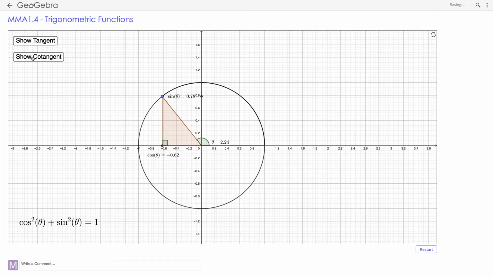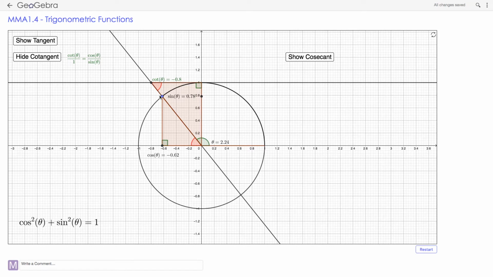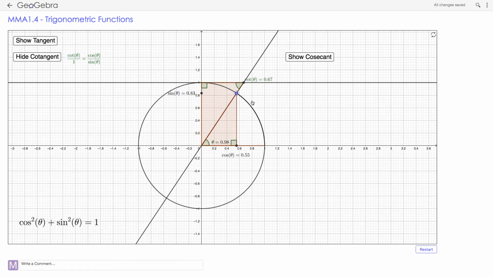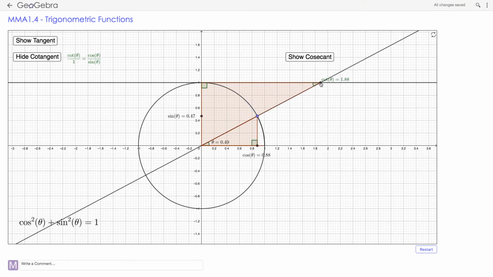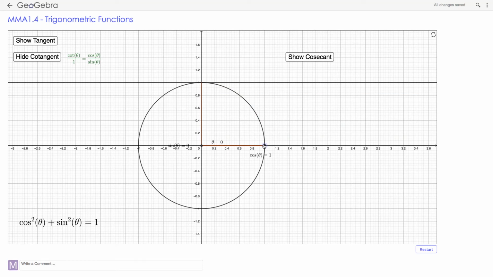Now we get to the last two trigonometric functions. There are 6 in total. The cosecant and the cotangent. Instead of putting a line over here, we put a line up here, and then we measure the cotangent as the x-coordinate of this point where this line crosses that. So given any angle, we get a line that crosses this line somewhere, except of course if this line is down here, but then the cotangent is not defined.